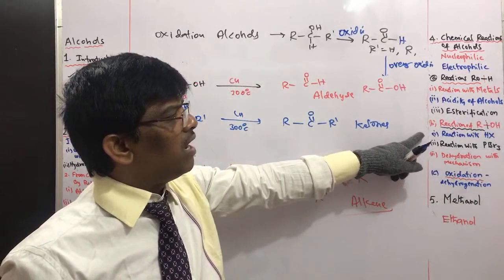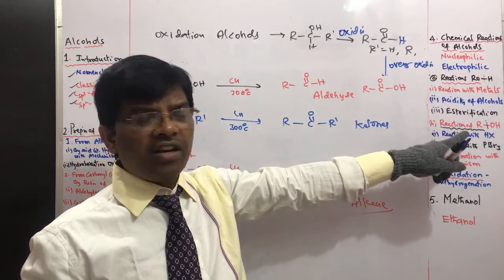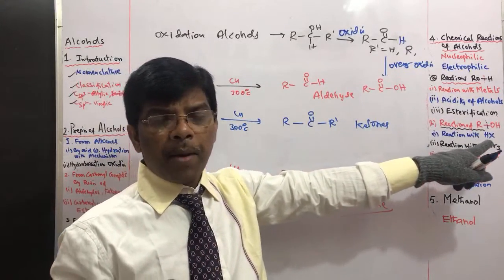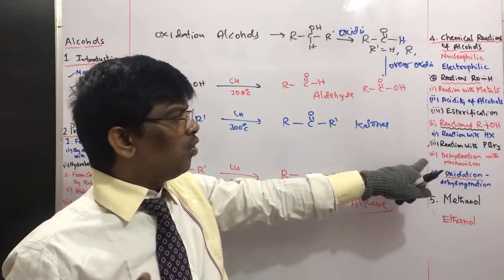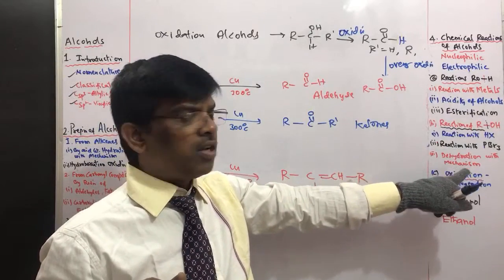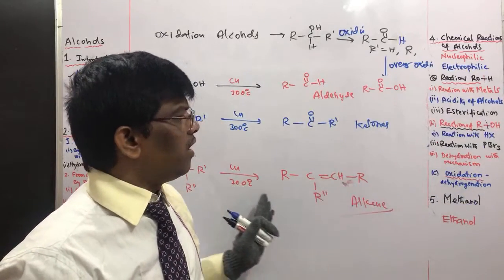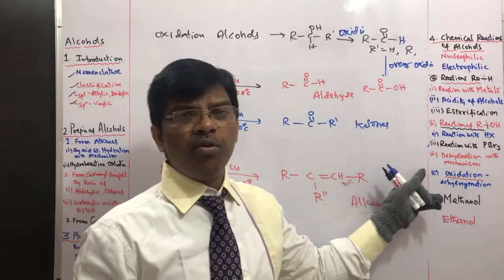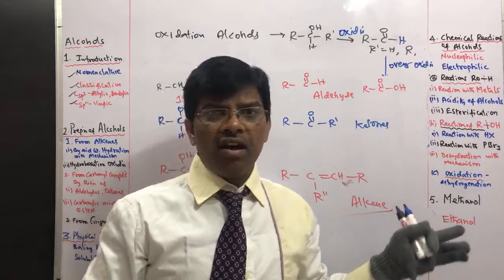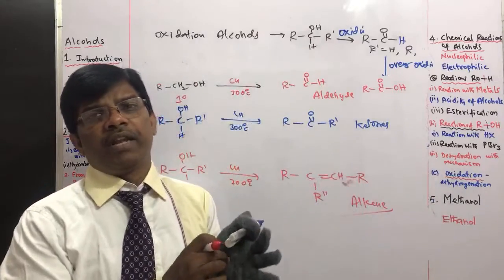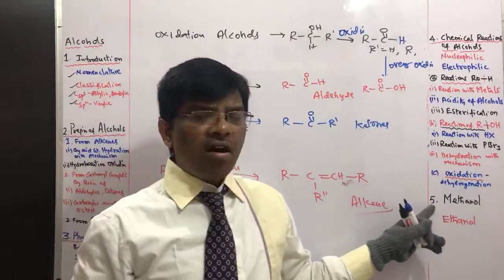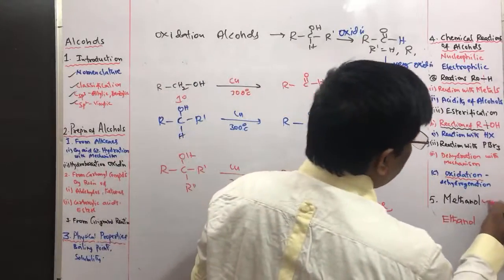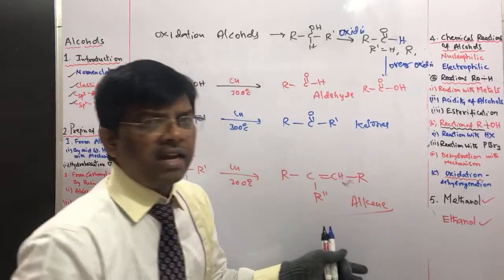Under that, we have learnt about reaction with hydrogen halides, that is Lucas reagent, reaction with phosphorus halides and thionyl chloride, dehydration mechanism, and oxidation or dehydrogenation, which is nothing but removal of hydrogen. And the last concept under this alcohols chapter is the importance of some alcohols, methanol and ethanol, the usual alcohols we come across.